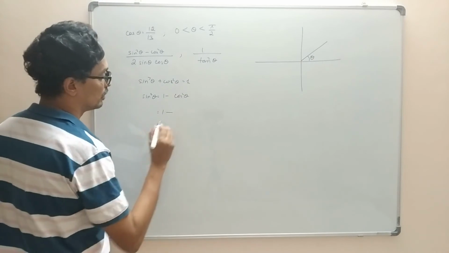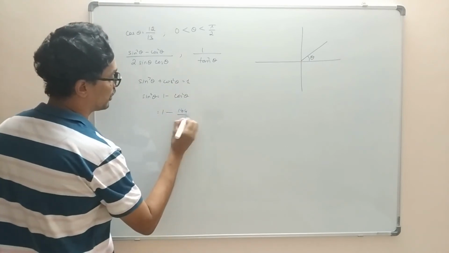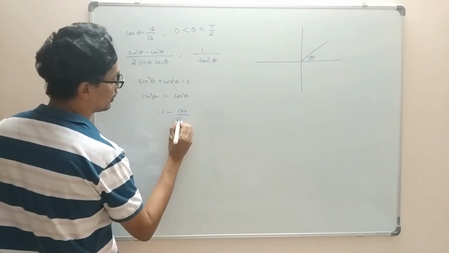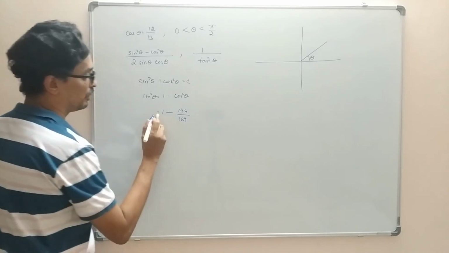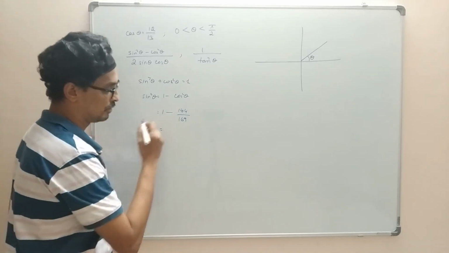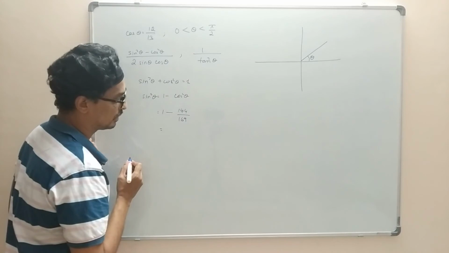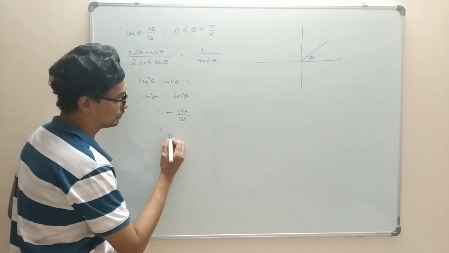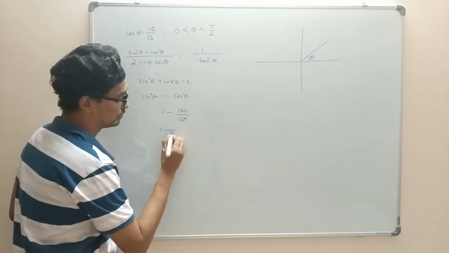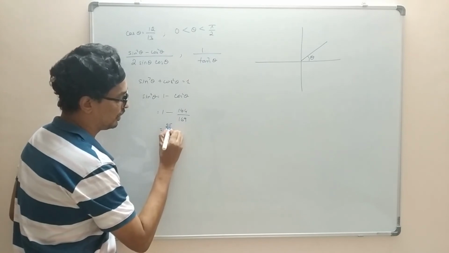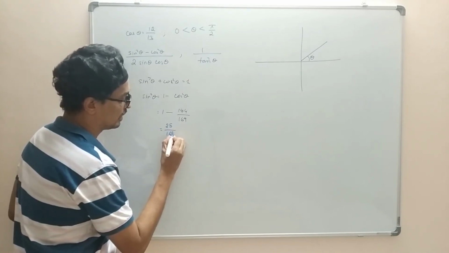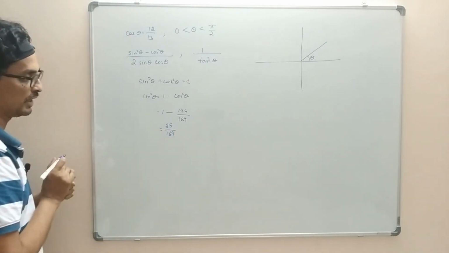How much? 144 by 169. So when you subtract it, tell me, 25 by 169. Okay, this is sin square theta.